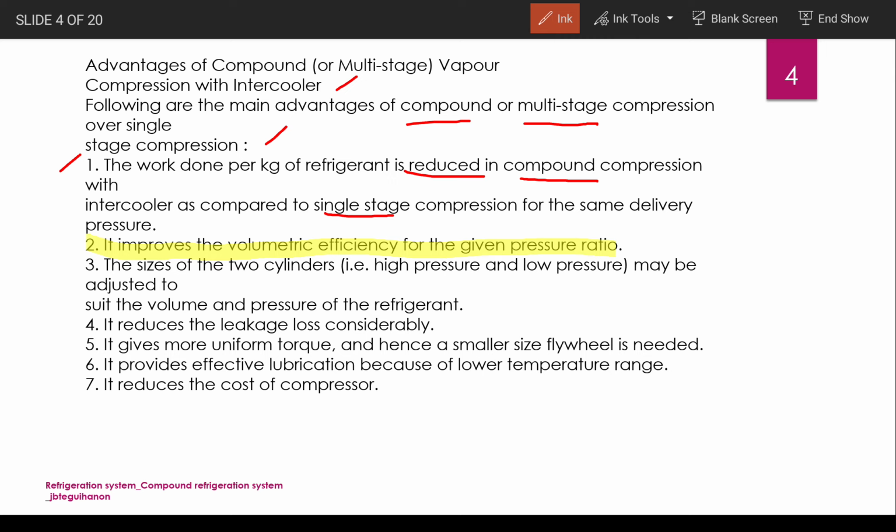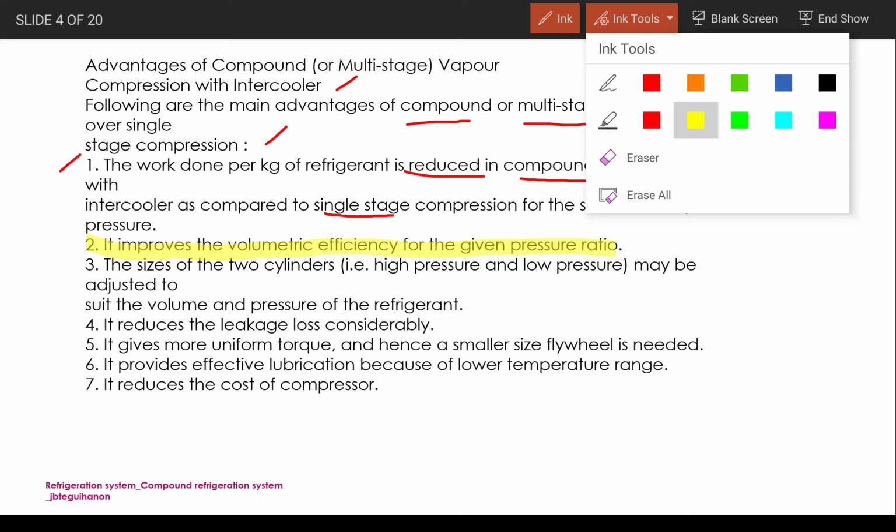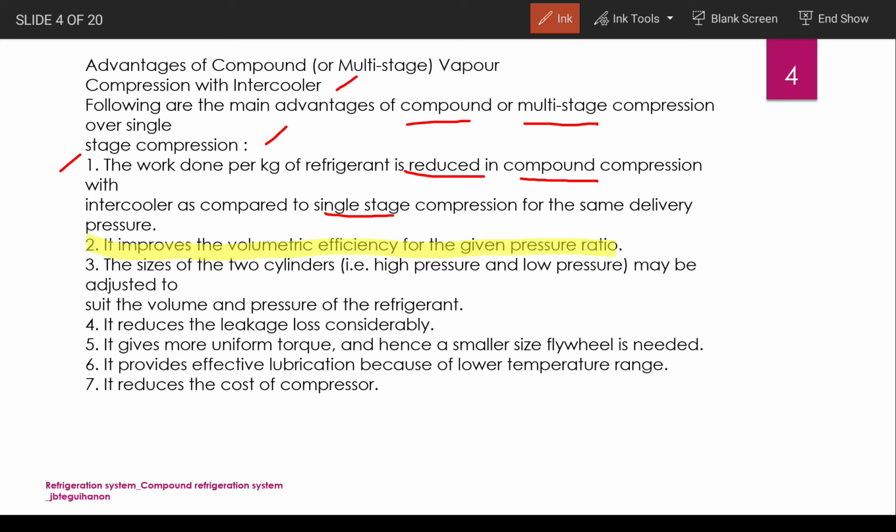Number three, the size of the cylinders, high pressure and low pressure, may be adjusted to suit the volume and pressure of the refrigerant. So you can play with it, you can vary it.